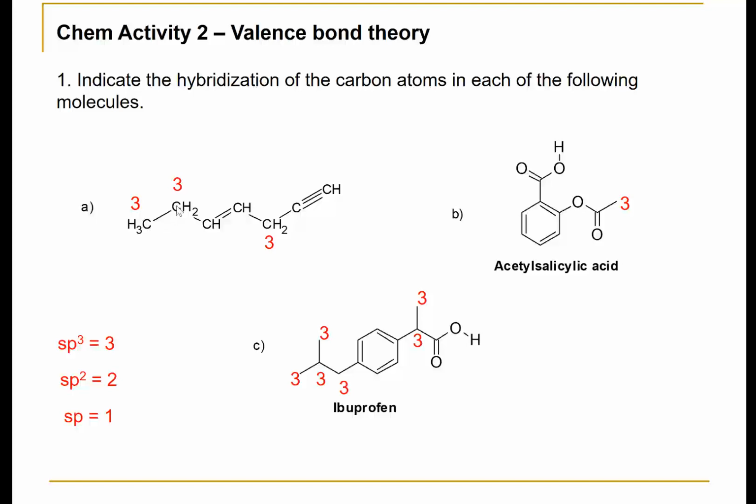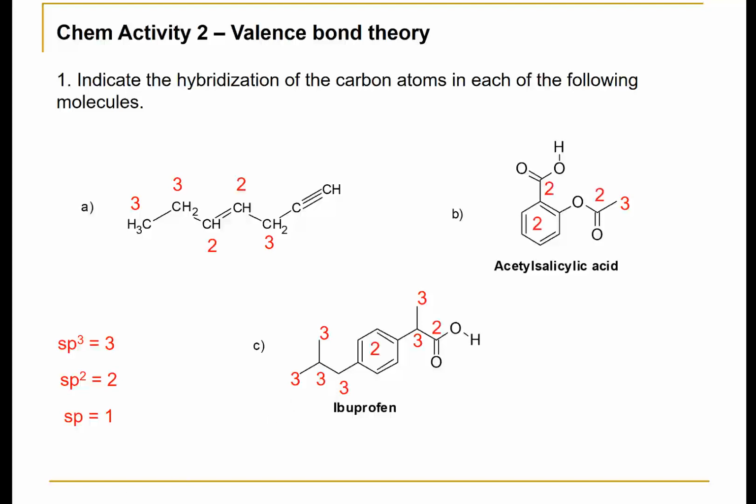Or for instance, this carbon right here is making 2 sigma bonds to other carbons and 2 sigma bonds to hydrogens. Therefore, it must be sp3 hybridized. Remember, when we have these bond line drawings, if we don't write in the hydrogens, they must be assumed to be there. So every one of these carbons on the leftmost side of the ibuprofen molecule is indeed sp3 hybridized.